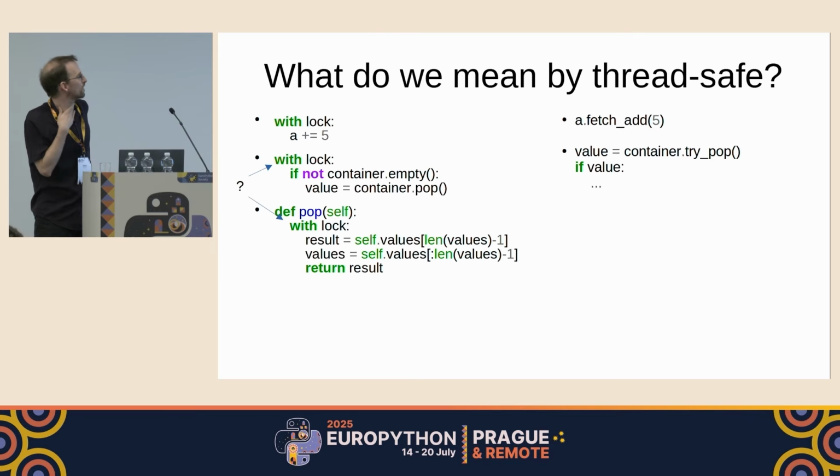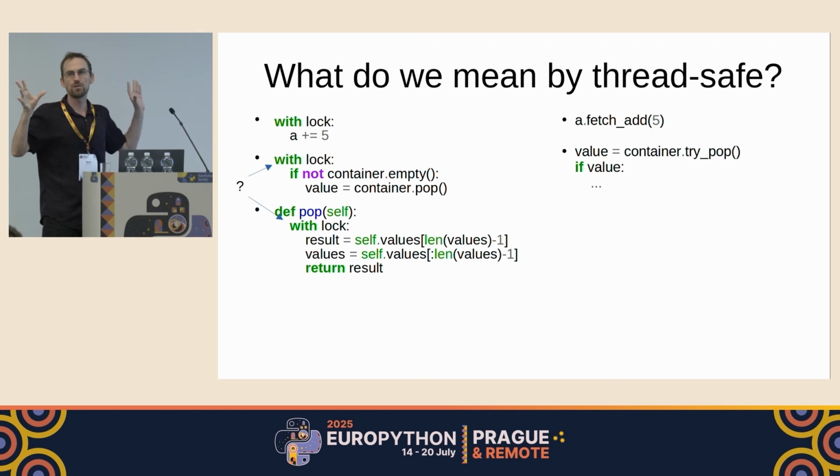So the obvious way we do this, on the left-hand side, is we use locks. We say with some lock, and the lock ensures that only one thread can read the variable when you say plus equals 5. Similarly, you say with some lock, so you've locked something that owns a container.